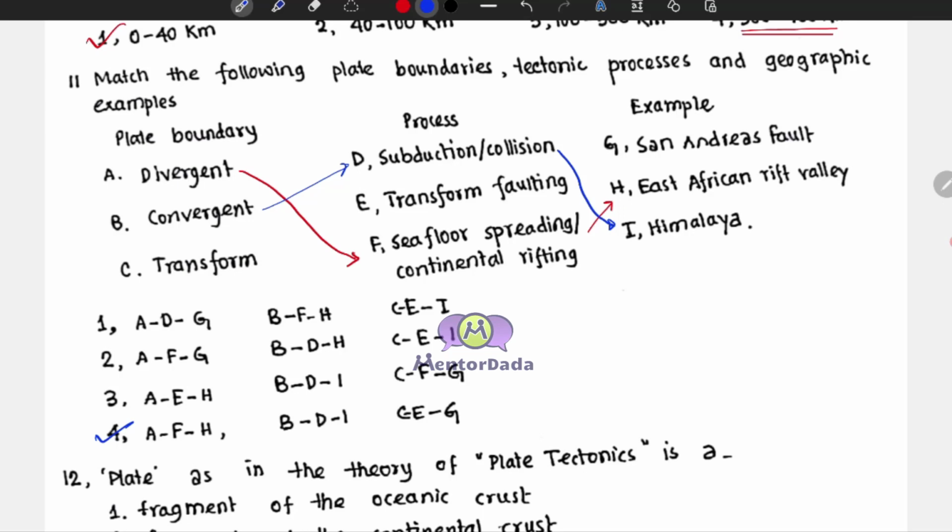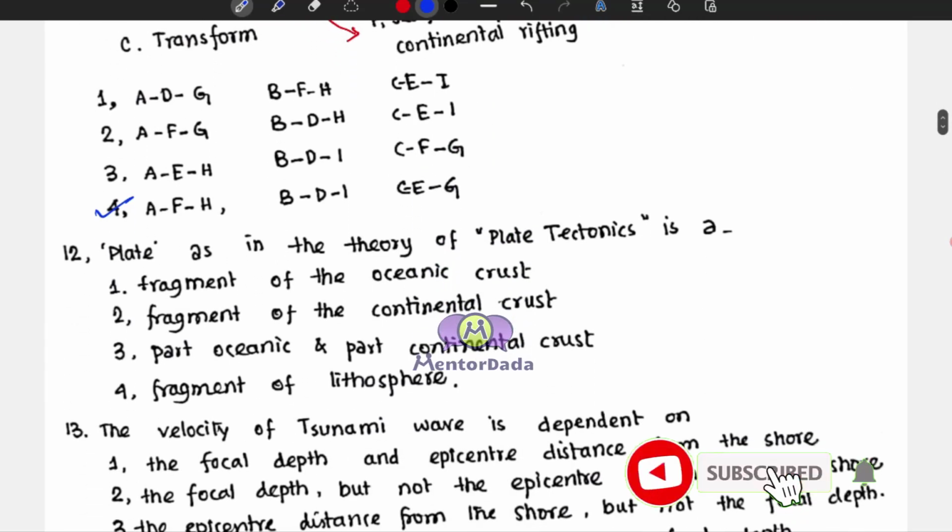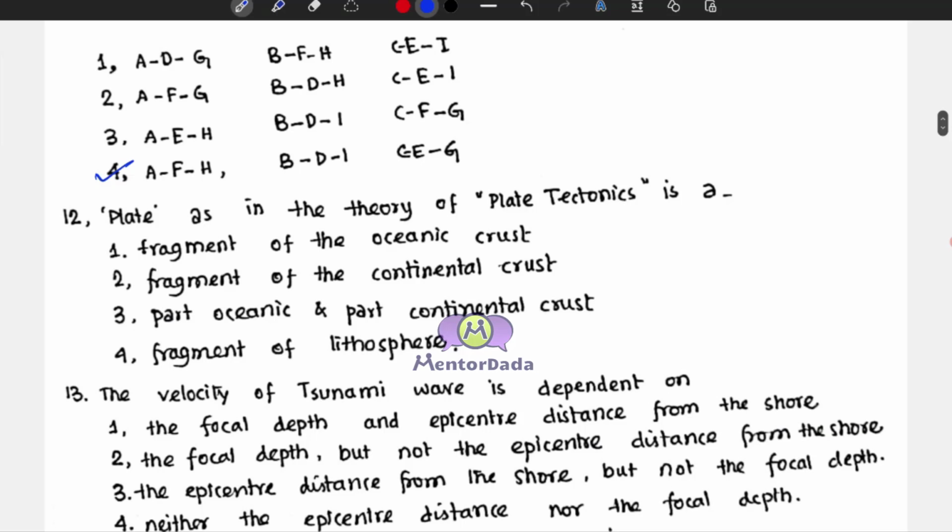Okay, now number 12. Plate, as in the theory of plate tectonics, is a fragment of oceanic crust, fragment of continental crust, part of oceanic and part of continental crust, fragments of lithosphere.